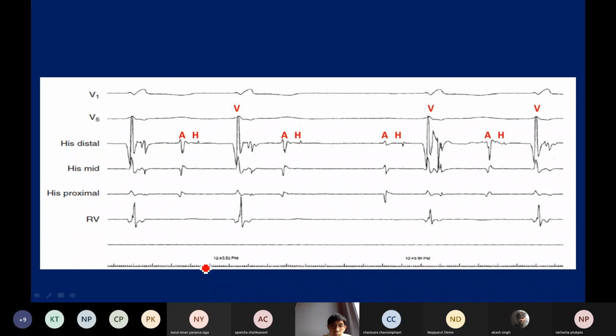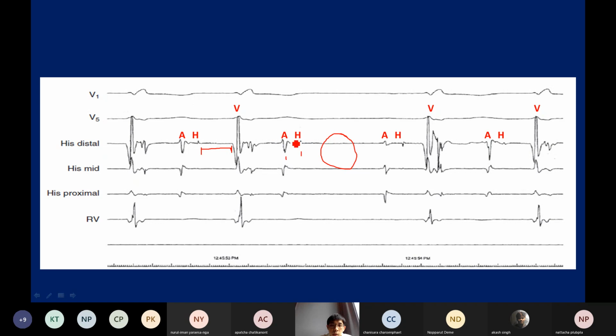This is also an EGM. This one is atrium, this is His, and this is V. So you can see that this HV interval is very prolonged. And for this B, there is A, there is His, but there is no V at all. It means that there is some block in the HV interval.